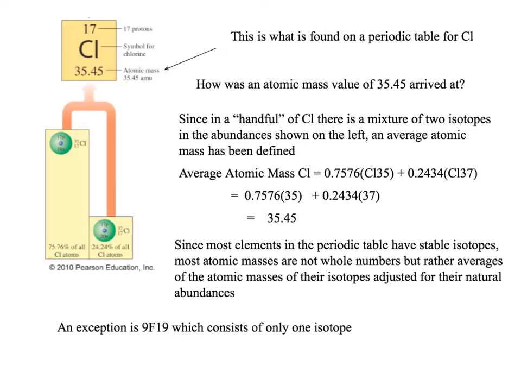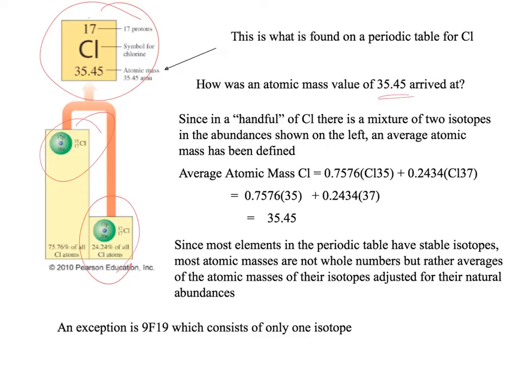Okay, so let's look at what's going on with chlorine as an example, and the numbers on the periodic table. This is what the box with the information for chlorine looks like. The question is, how did they get the mass of 35.45? Well, a handful of chlorine is a mixture of 2 isotopes: this isotope with a mass of 37, and this isotope with a mass of 35.